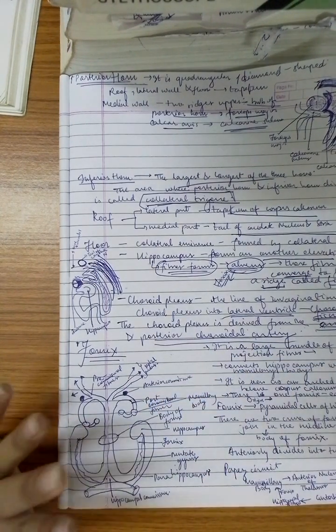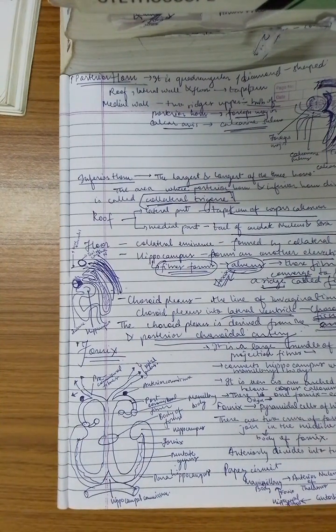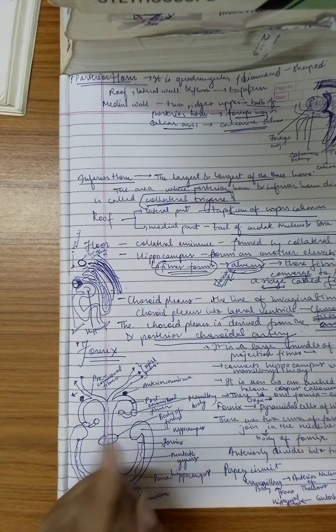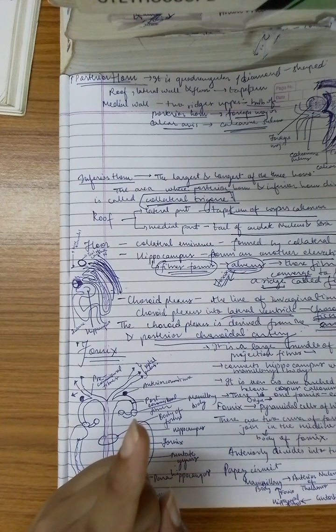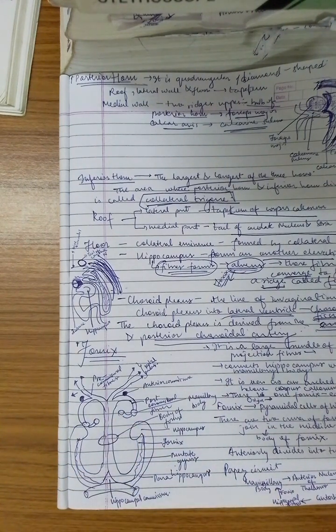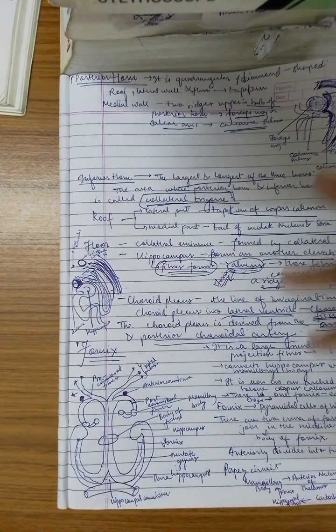The third ventricle choroid plexus is formed from the anterior choroidal artery, and the fourth ventricle from the posterior inferior cerebellar arteries. So you need to remember which arteries the choroid plexuses are formed from.